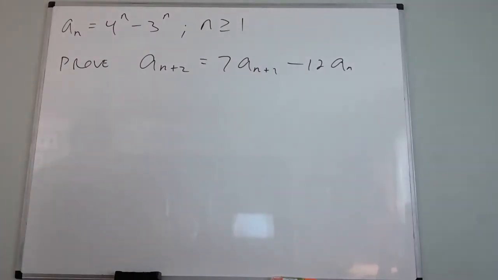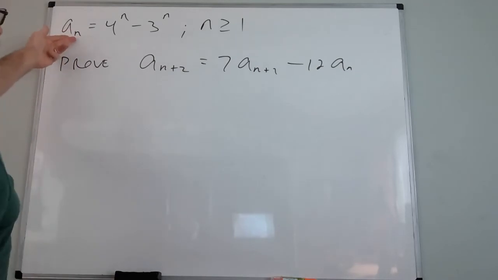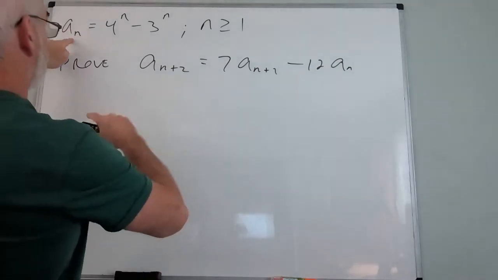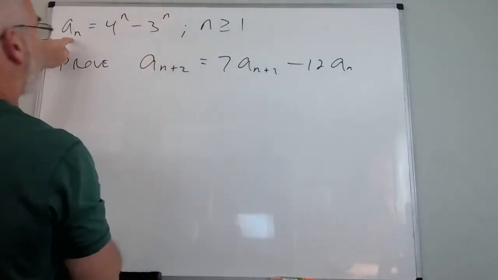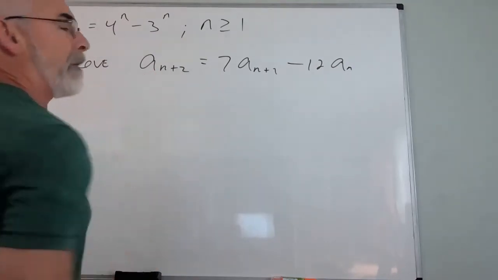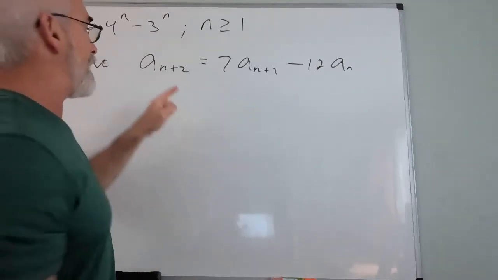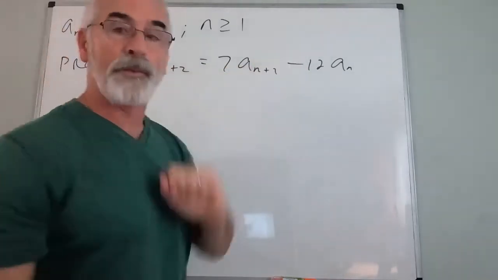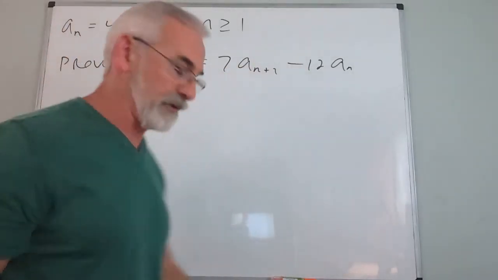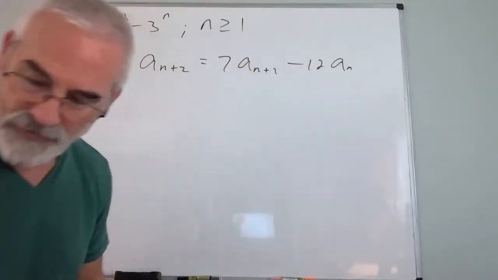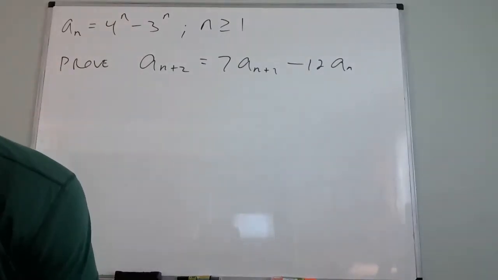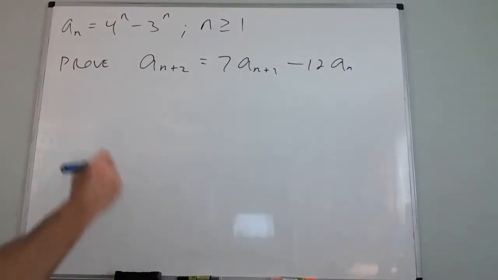So you say, how in the world can I get from point A to point B? Well, I know what a_n is. Therefore, I automatically know what a_{n+1} is. Replace n with n+1. I know what a_{n+2} is. Oh, okay. So I can replace the individual pieces and see if I can come up with the conclusion. So based on this first definition, okay, what do I know?